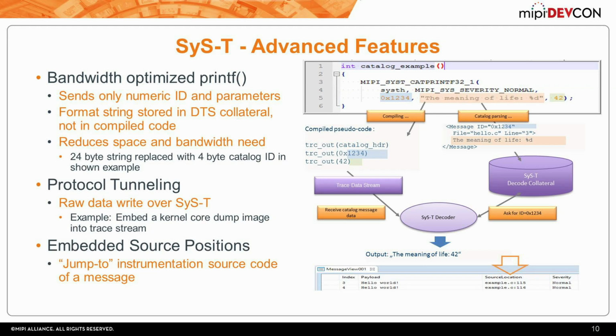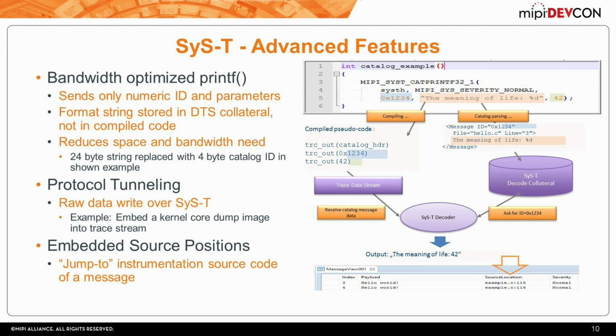SyS-T splits the effort of creating and analyzing a trace in basically 3 parts. On the build machine, you have your software with the SyS-T instrumentation, and when you compile it, it actually also creates what is called decode collateral here, which is XML formatted information that contains static information for the messages that are created from the software.